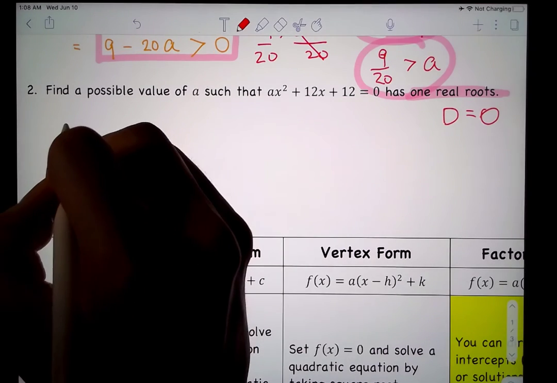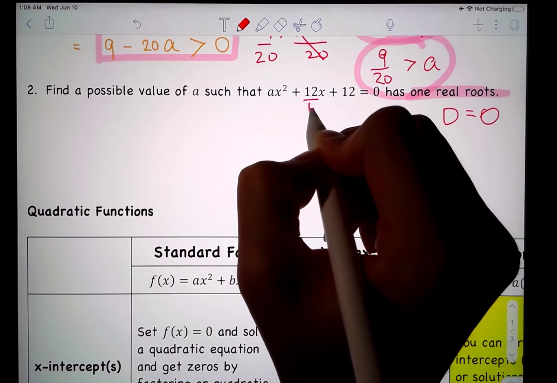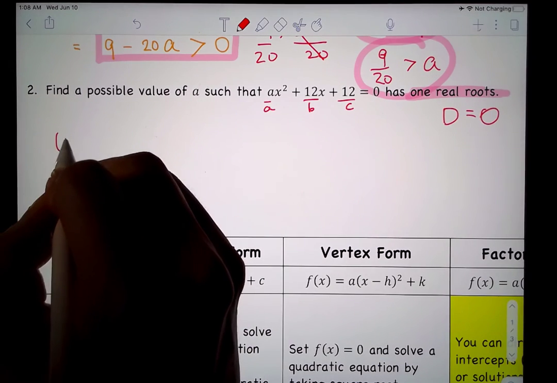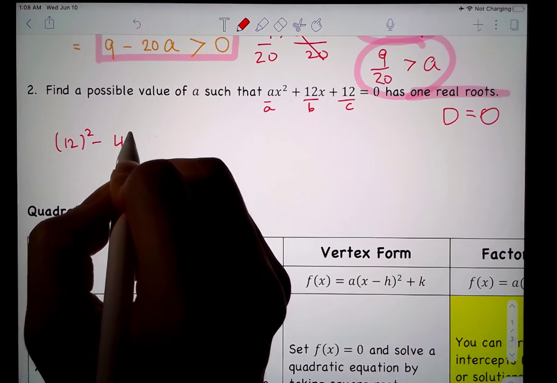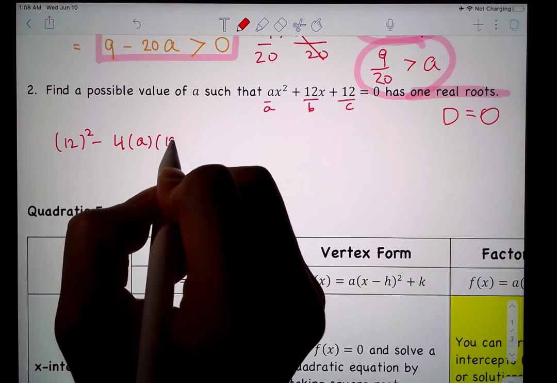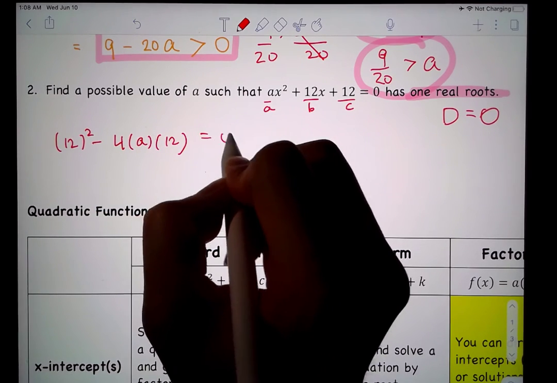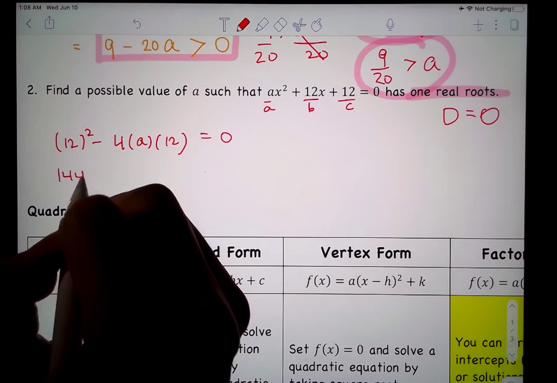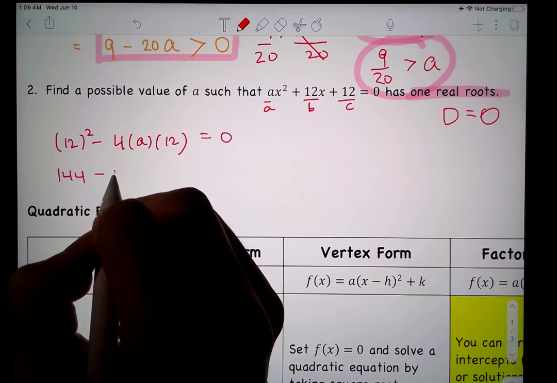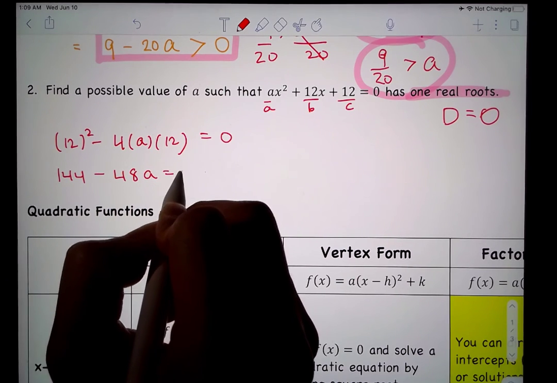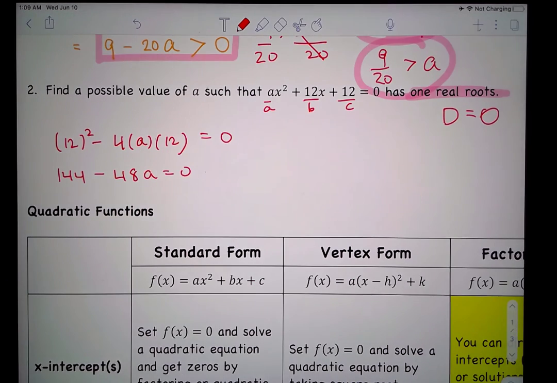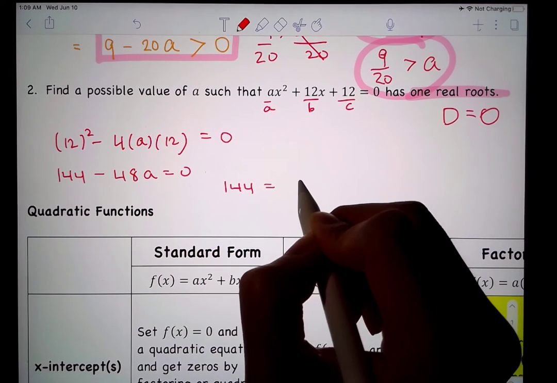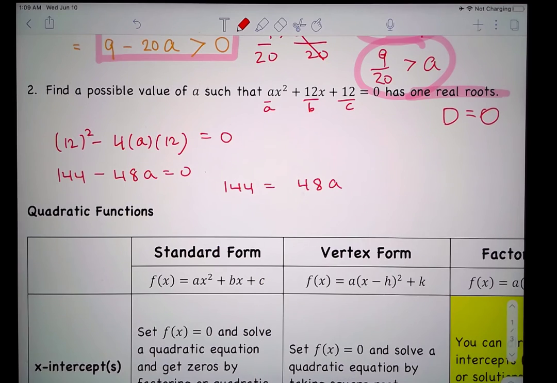So b, c, and a, right? So b squared minus 4ac is equal to 0, right? So that's 144 minus 48a equals 0, right? So that one will be 144 equals 48a, like this.